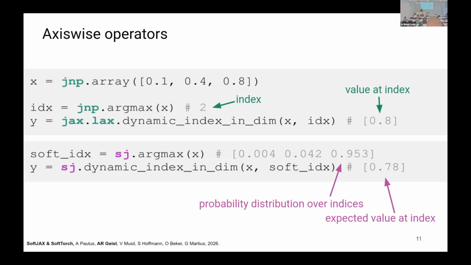But we also have it for different types, like if you specifically want C2 continuity instead of a smooth approximation. Selection, given this probability distribution over indices, reduces to the computation of an expected value at this index, which is nothing else than multiplying these probabilities with the array entries, so just computing the dot product between the two vectors.